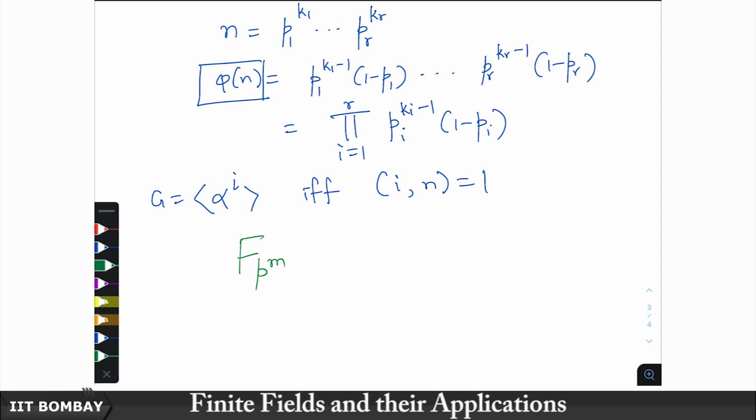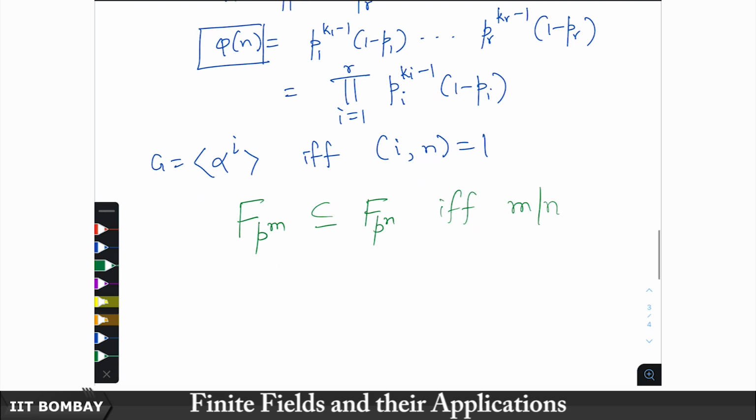So, they will be of the form F p power something. So, when is F p power m a subfield of F p power n? This is a subfield if and only if m divides n. This we have seen last time. So, we are now talking about F2 power 4. You can take the factors of 4 and you will get the subfields.